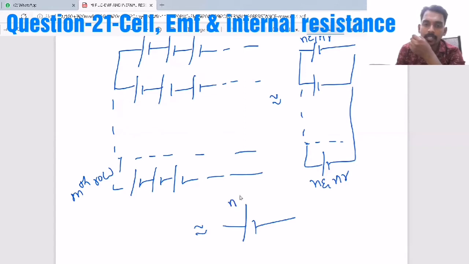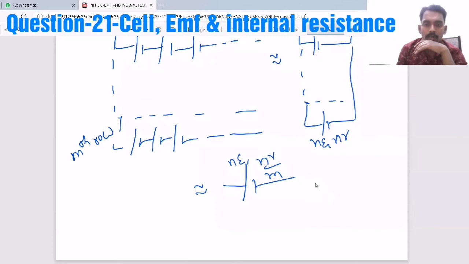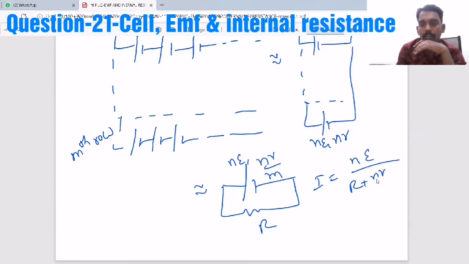As they are connected in parallel, EMF is the same, N epsilon, but resistance will become NR by M. If we connect this combination to an additional external resistance capital R, then the current will become N epsilon by R plus NR by M. Now for maximum power transfer theorem, the condition is NR by M equal to capital R.